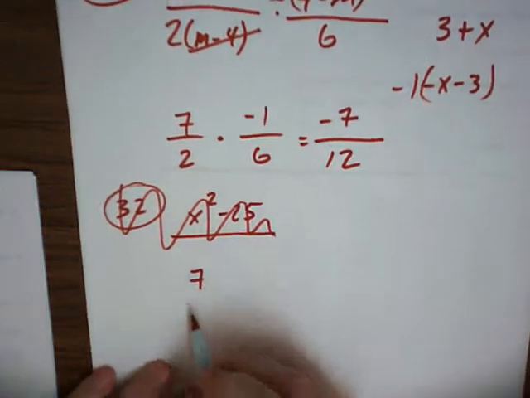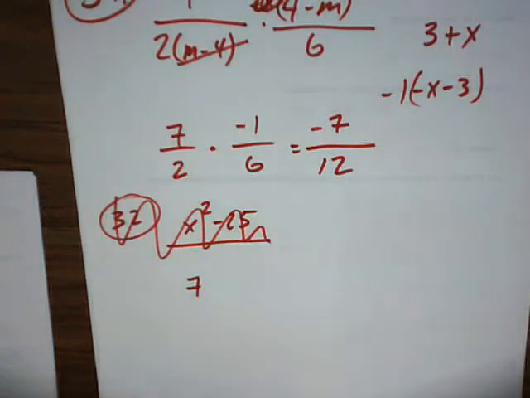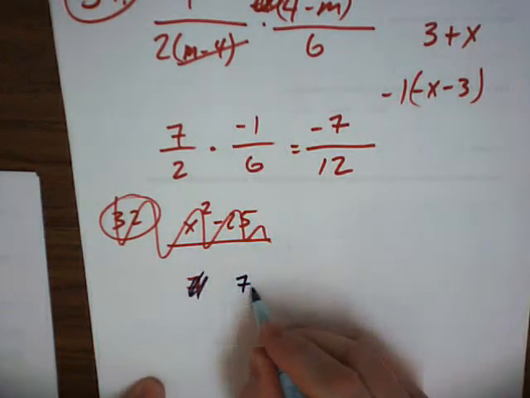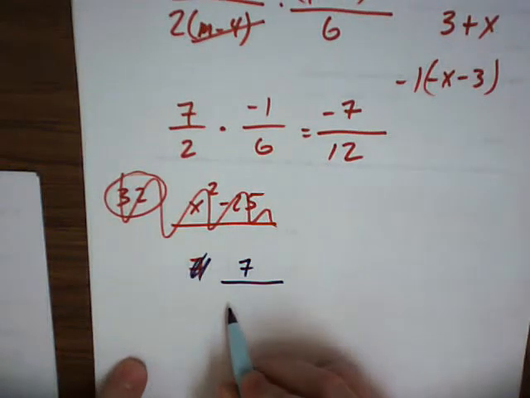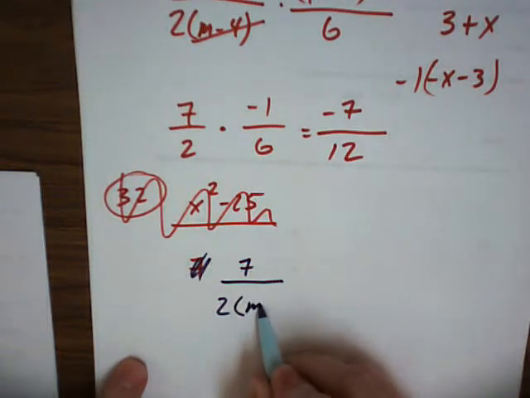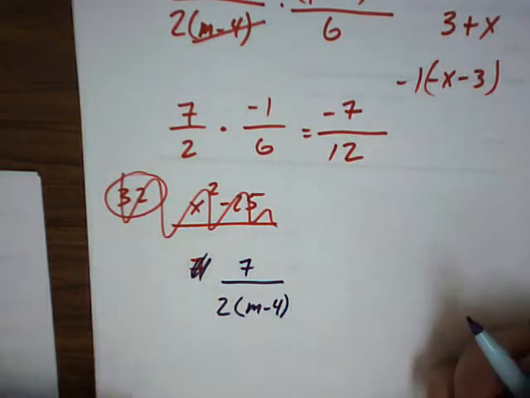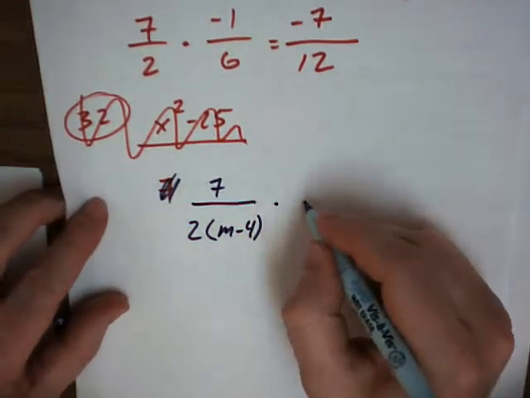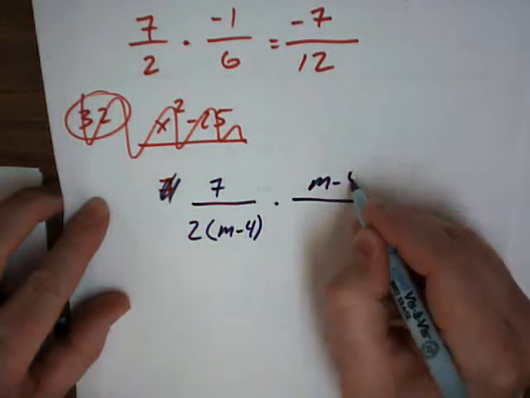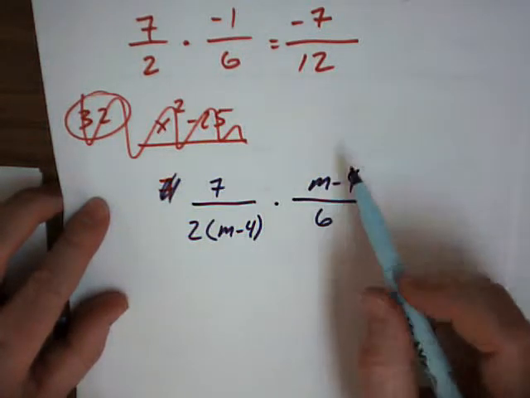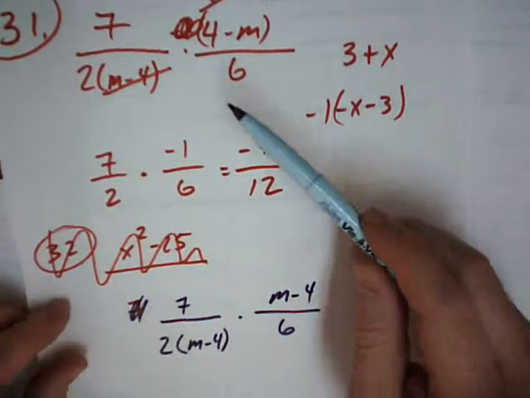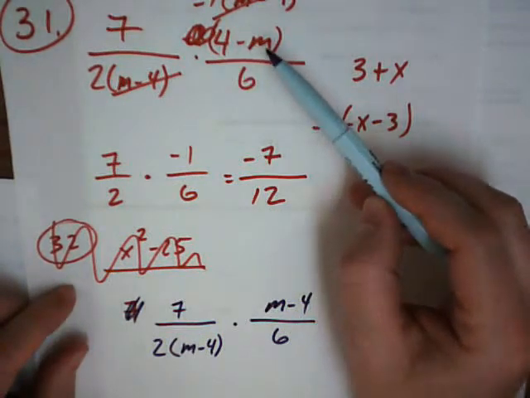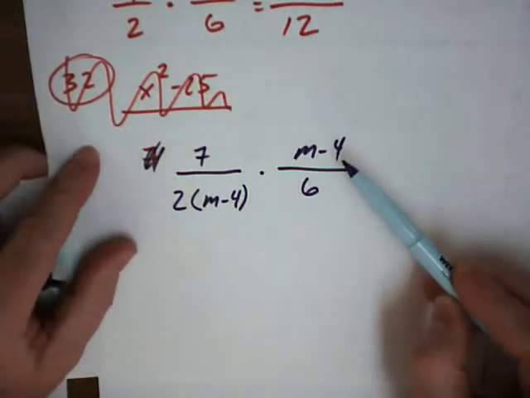So let's play what if. I'm going to change colors and play what if here. If it was 7 over 2 times m minus 4, so that was original, and over here it says times, and it was m minus 4 over 6. The reason why I'm changing this is the original problem said 4 minus m, so I'm m minus 4 now.